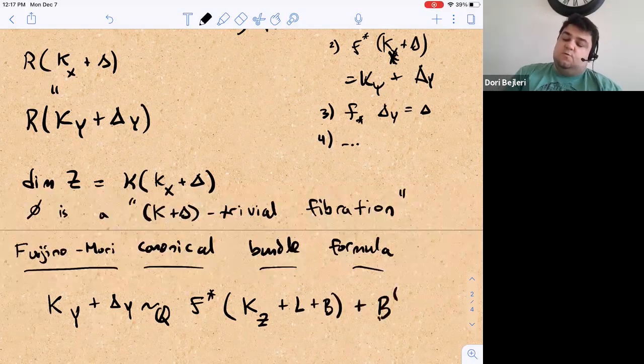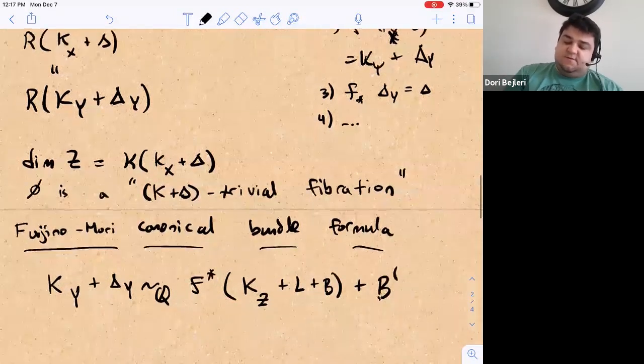Basically where this L and B are some specific divisors, and they tell you what L and B are, but we're not going to go into that in this class.